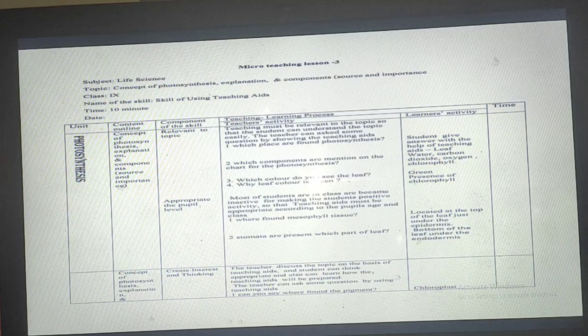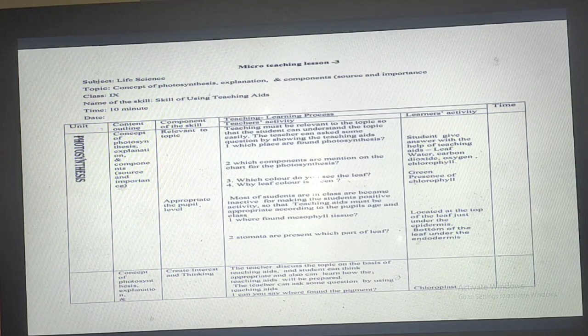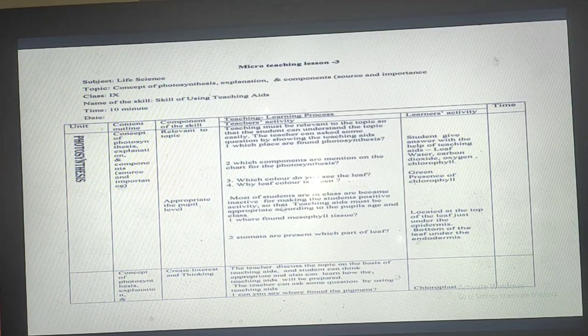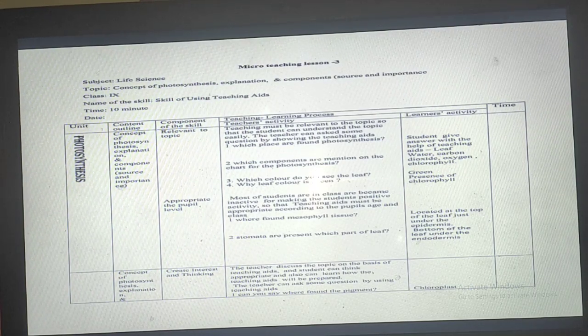Here also I have given you a model, the micro teaching lesson plan 3, because this skill number is 3, skill of using teaching aids. Same chart, same columns have to be mentioned here.